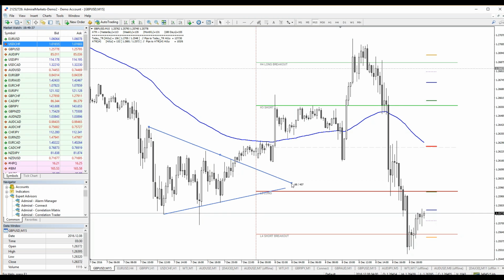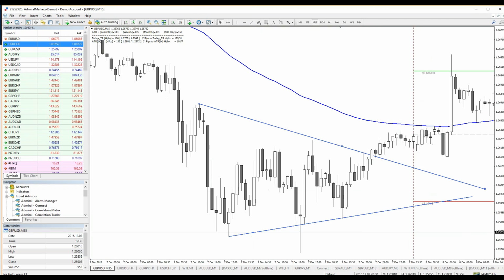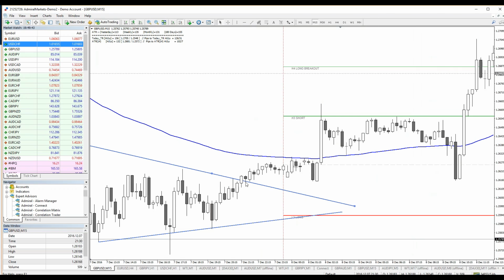This part here is the retest. So breakout, retest, continuation spot is here. A continuation of a bullish move is like an N pattern: 1, 2, 3, like the letter N, and it goes up.